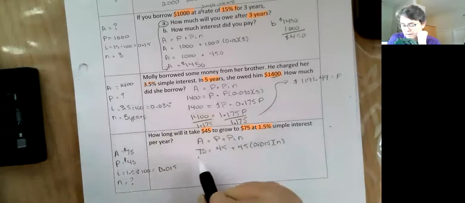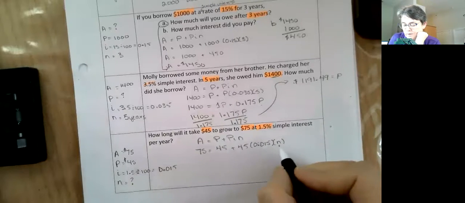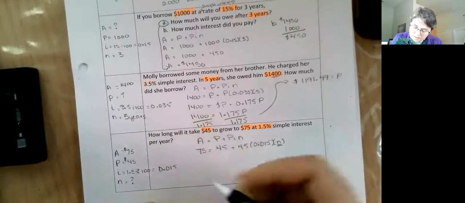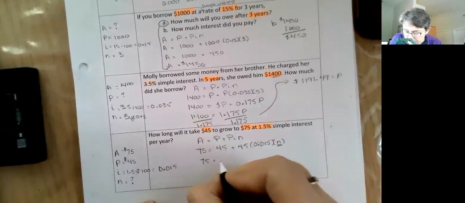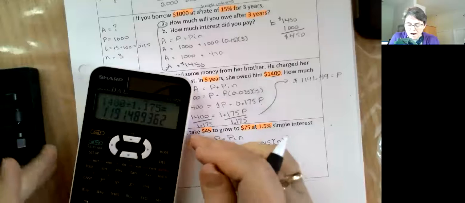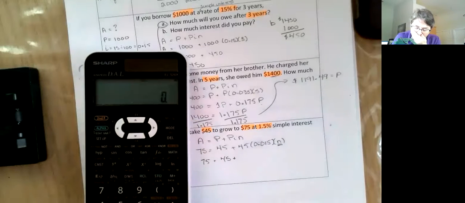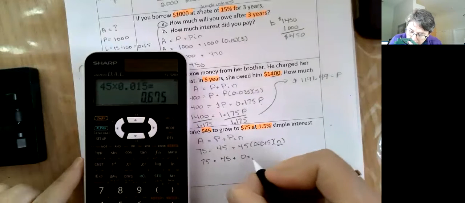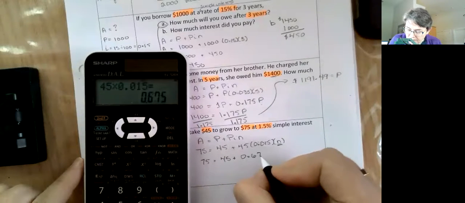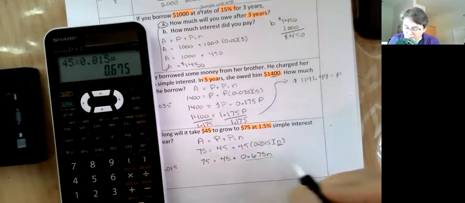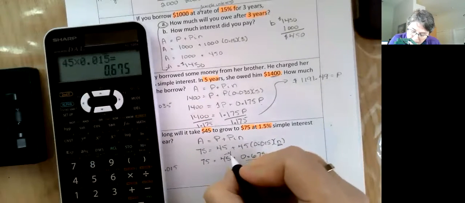Because remember, when you start plugging stuff in, there should be one unknown left. All right, so it's 75 equals 45 plus 0.675N. Now we want to get this by itself, so let's get rid of the 45.